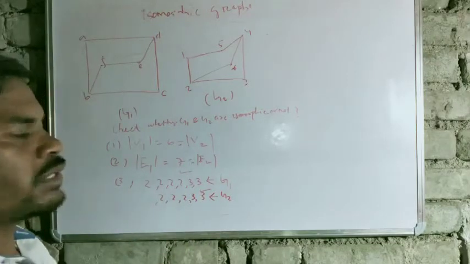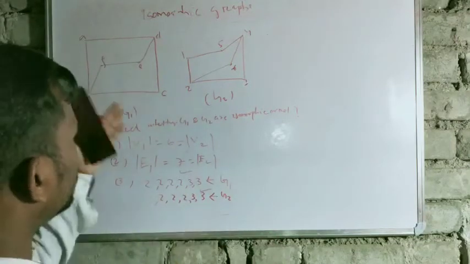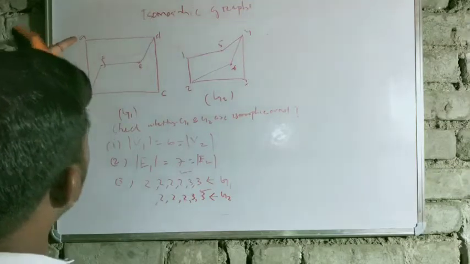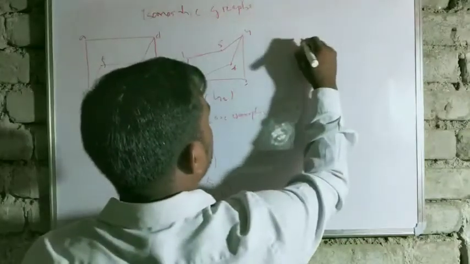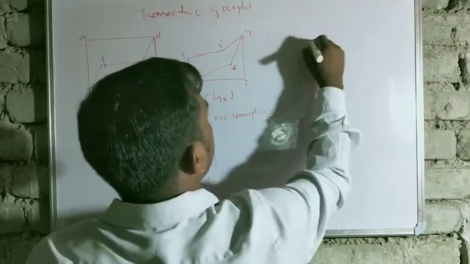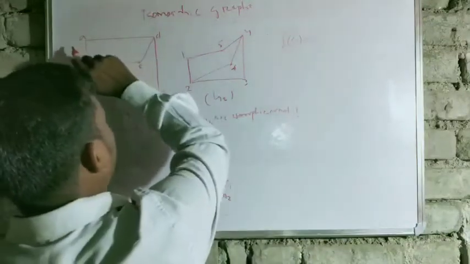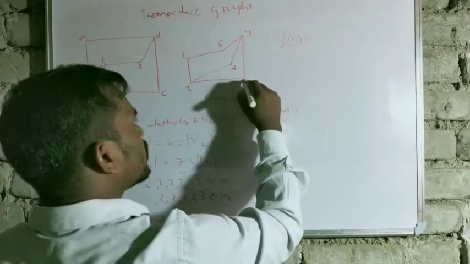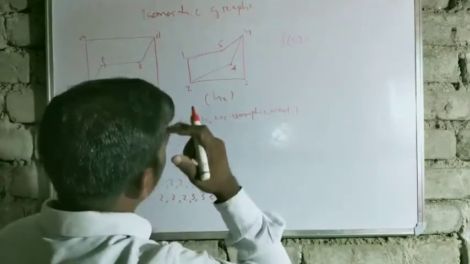Now next we have to find whether there exists a 1-1 correspondence between them or not. Choose a vertex here, F, and choose a vertex here, A. Let f of A, since A is of degree 2, then f of A should be a degree 2 vertex in G2. So what will be your f of A?